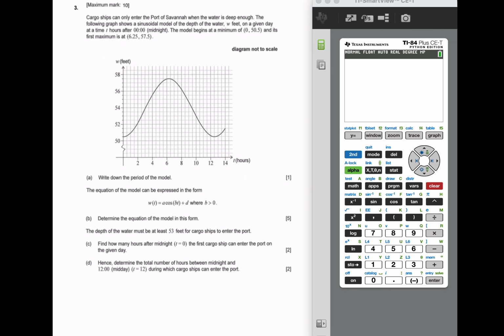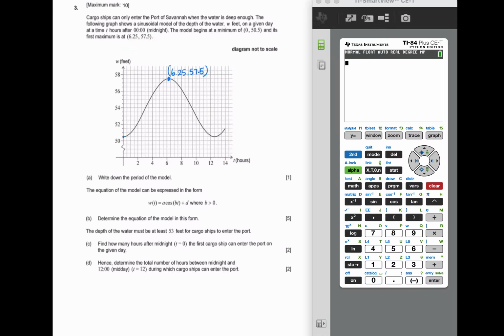So we need to write down the period of the model first. Now the period of a model is the length of the wave. We're told that the maximum point is at 6.25 and 57.5, in the question just here.